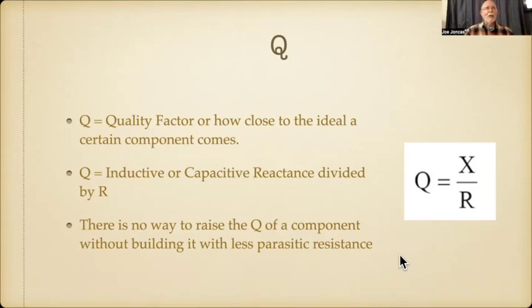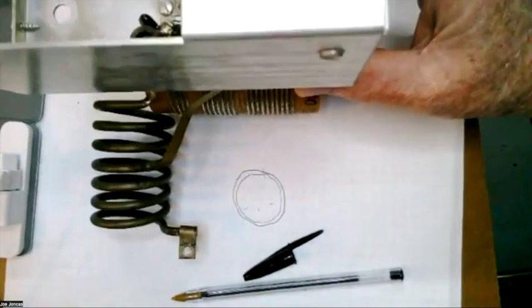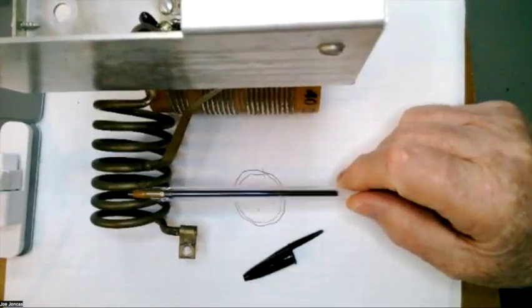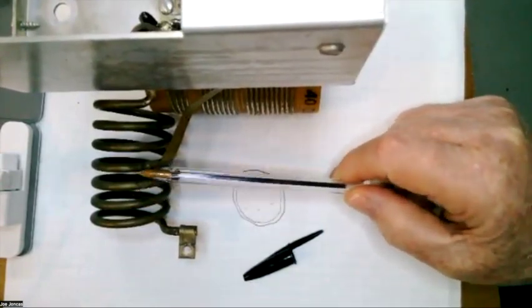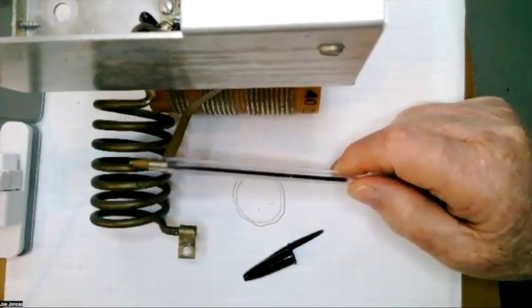If you're working at 3.5 megahertz or at 144 megahertz, you better have the right components in there. This portion is for 28 megahertz, 10 meters.